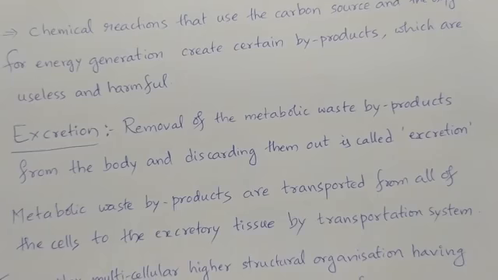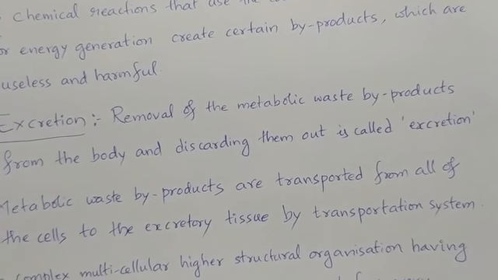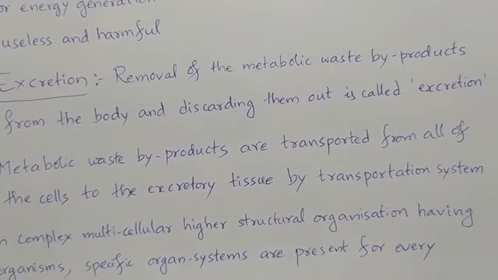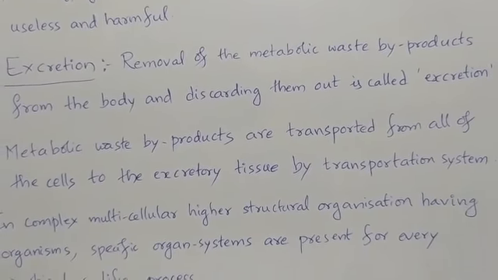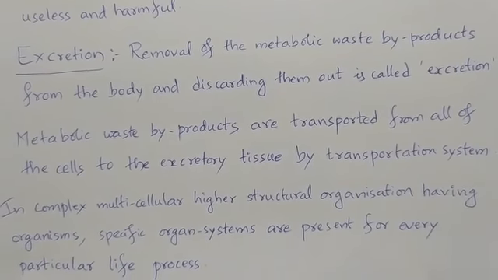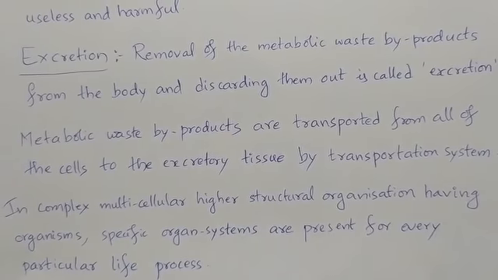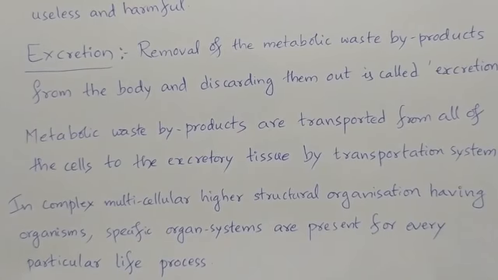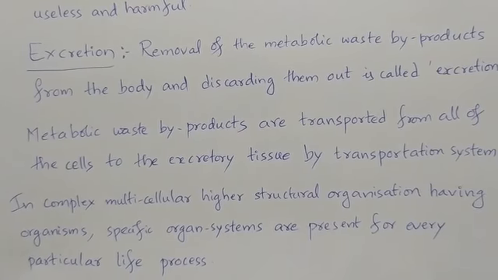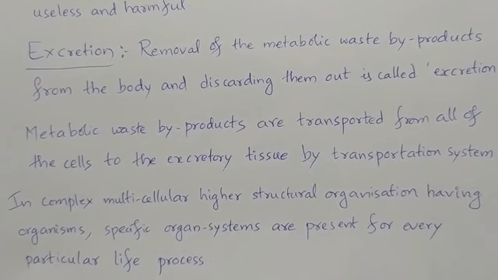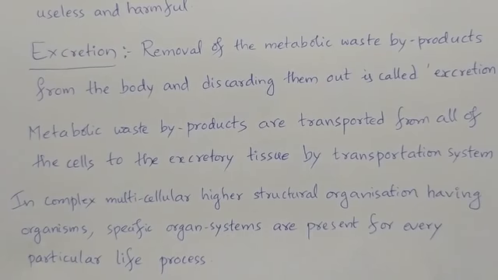So there is a specific process that is carrying out this process, that is known as excretion. Removal of the metabolic waste byproducts from the body and discarding them out is called excretion, and it is carried out by a separate tissue or separate organ system known as excretory system. The metabolic waste byproducts are transported from all of the cells to the excretory tissue by transportation system only.